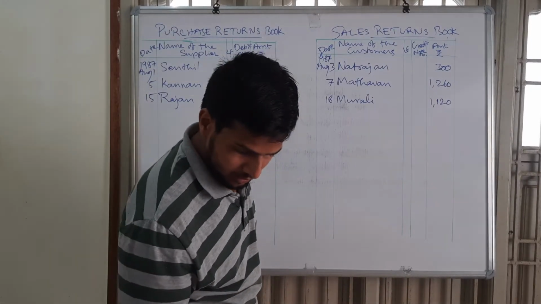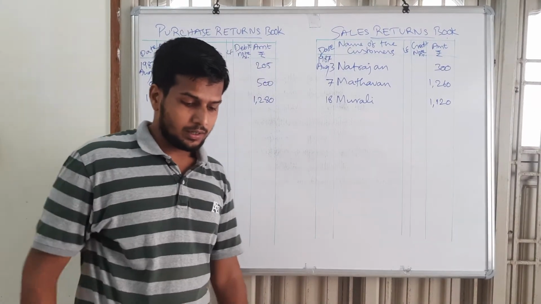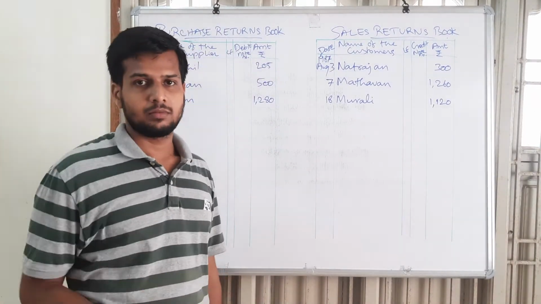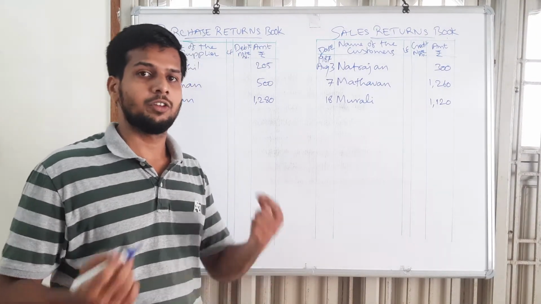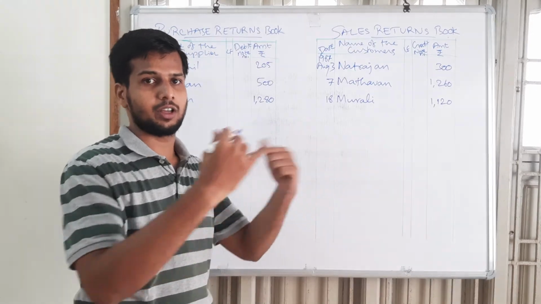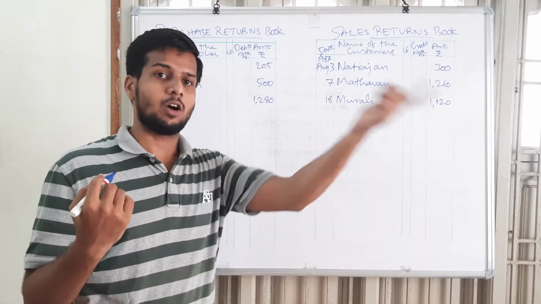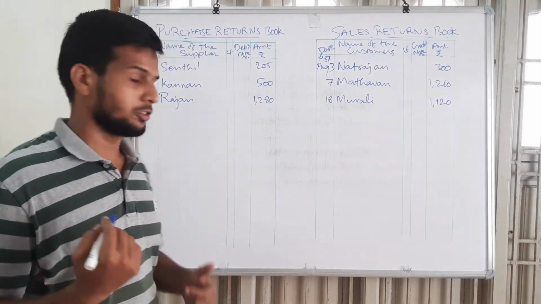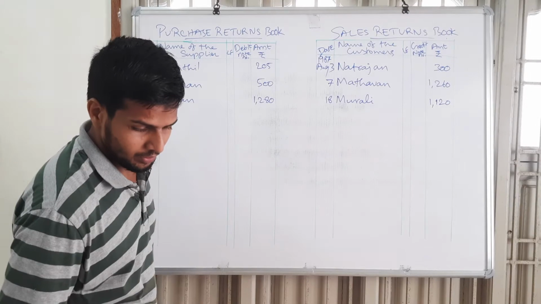And the next thing is outward returns to Kanagasabha. What is the meaning of return outwards? That is the purchase return. The goods are going out of the business, so that is goods returned outwards. So purchase return should be recorded on the purchase return side.